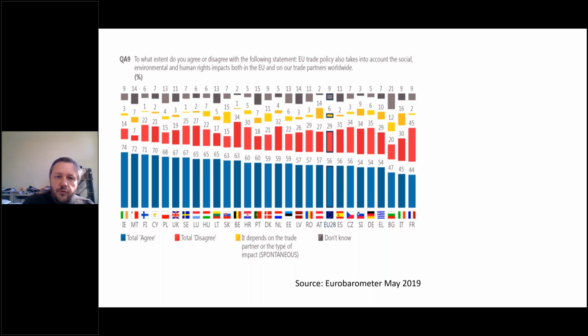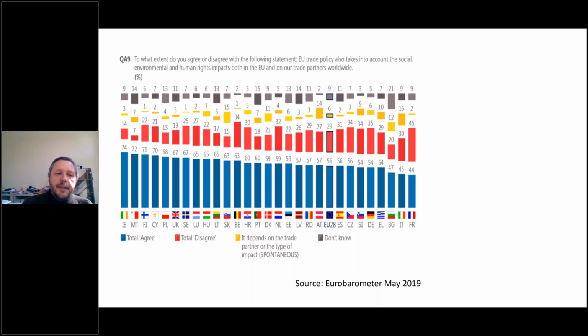Then 29% disagree, 9% don't know, and 6% responded, in an open response, that it depends a bit on the trading partner the EU is dealing with. But overall, 56% believe that the EU is promoting these values through its trade policy.